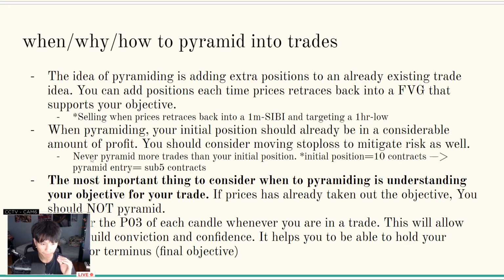Okay. Whenever you do pyramid, you never want to add more contracts than your already existing position size. So let's say your initial entry had 5 contracts, right? And you want to add extra contracts. You don't want to start from 5 contracts and add 10 contracts on top of that.